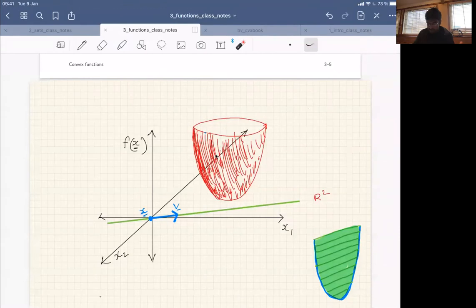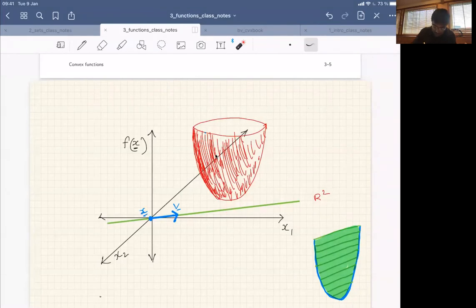To see whether this function is convex or not, pick any point x and form a line. Consider any arbitrary direction v, and form a line using that. Here I am picking x as 0. Then you can easily see that this x plus tv will be this line. Then evaluate the function on that line.